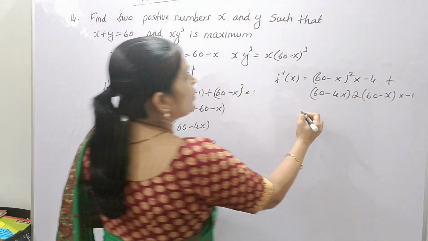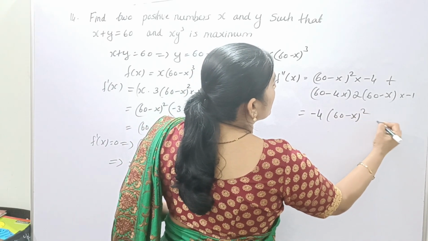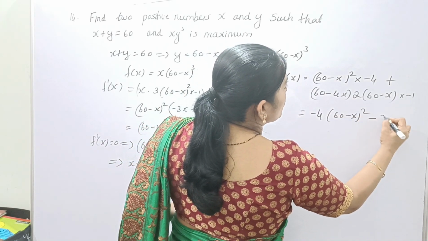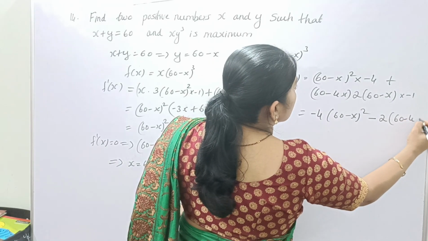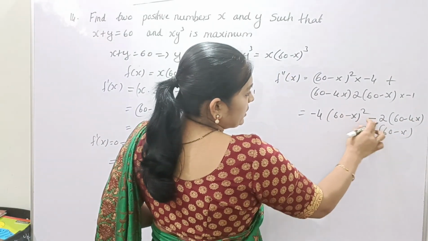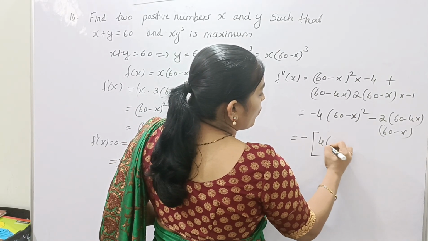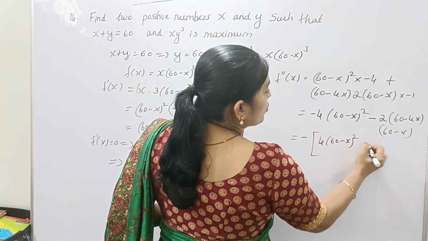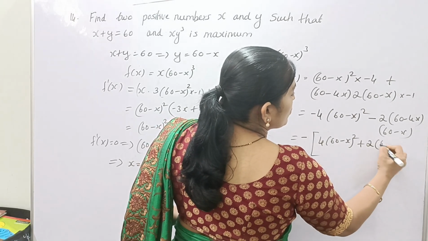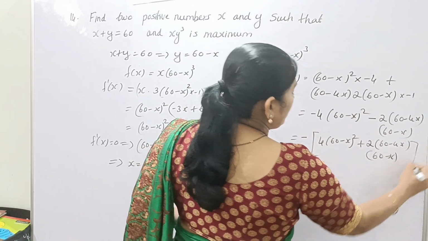That is equal to −4(60 − x)² − 2(60 − 4x)(60 − x). In both terms minus is common, so let's take it out: −[4(60 − x)² + 2(60 − 4x)(60 − x)].